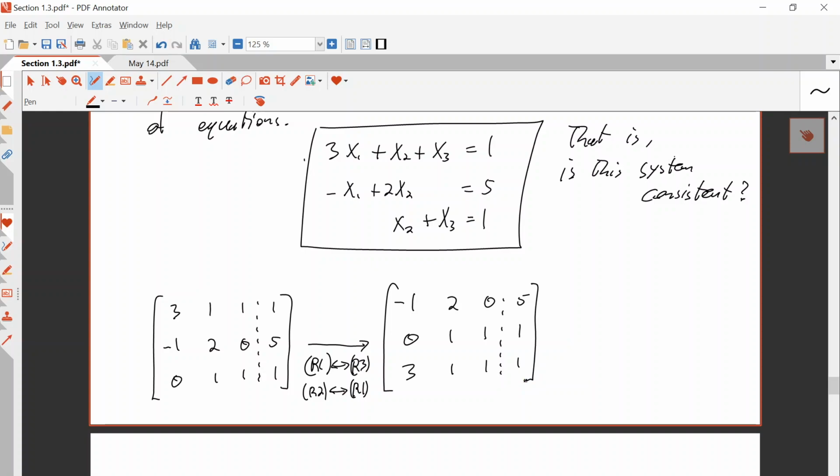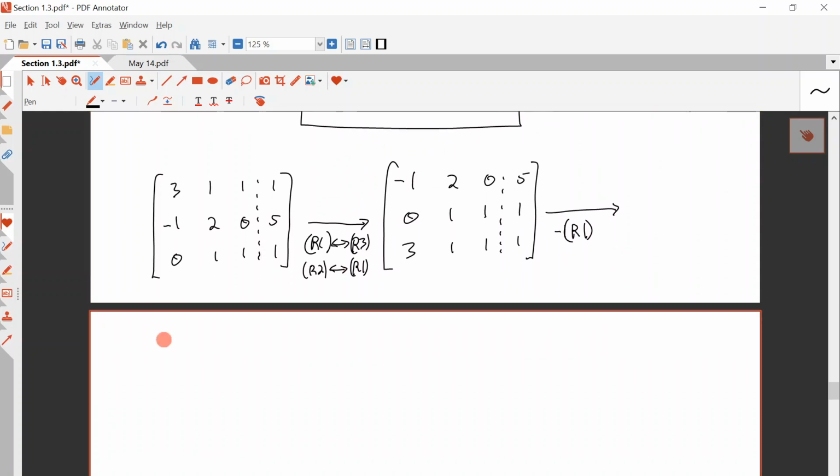Okay? Now I want to multiply row 1 by negative 1 to make this a positive 1. So that's going to give me 1, -2, 0, -5, then 0, 1, 1, 1, then 3, 1, 1, 1.